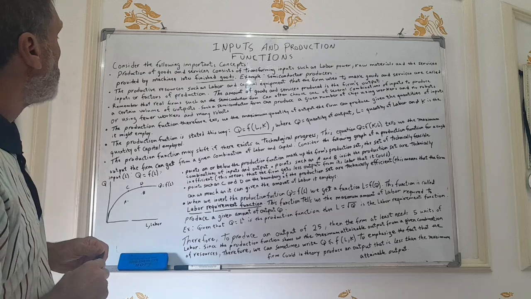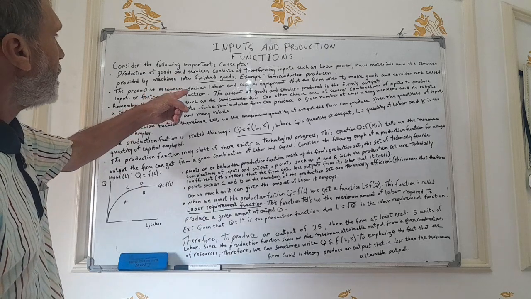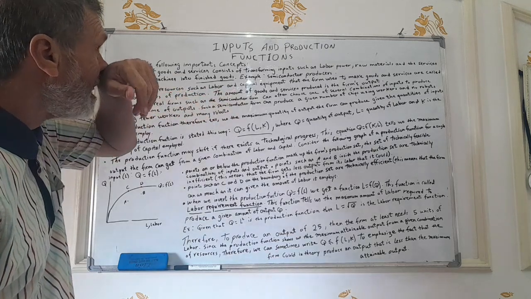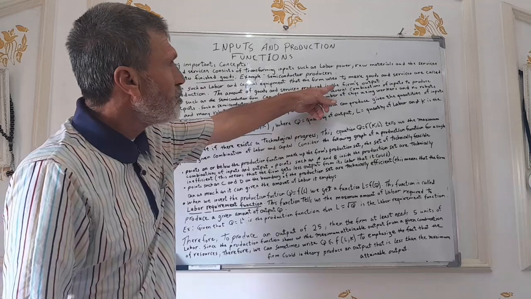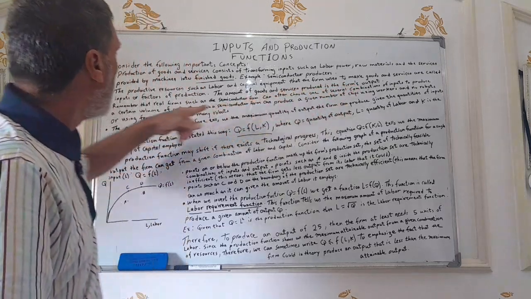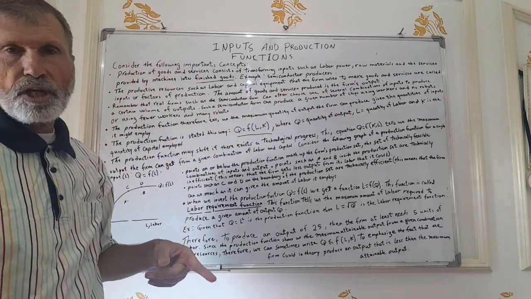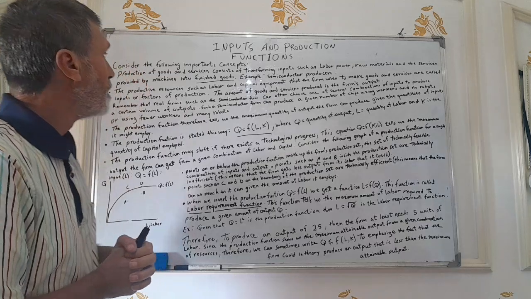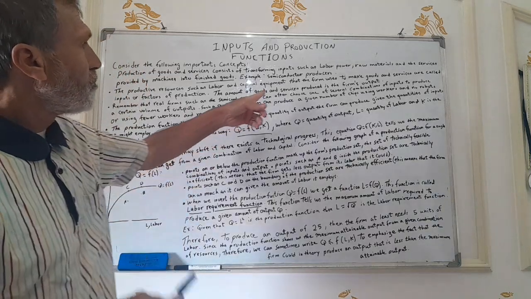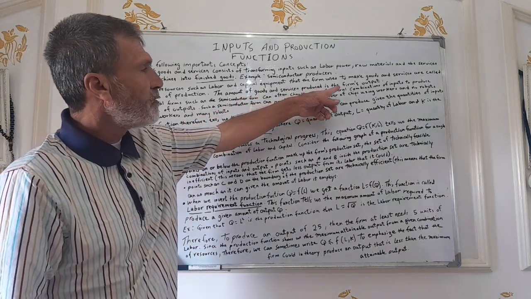So the productive resources, such as labor and capital equipment that the firm uses to make goods and services, are called inputs or factors of production. We have already discussed that. Of course, the amount of goods and services produced is the firm's output.